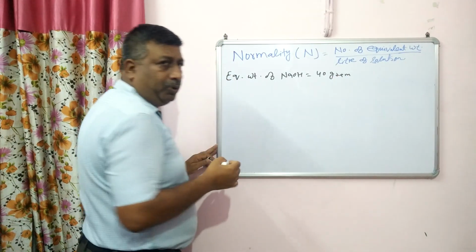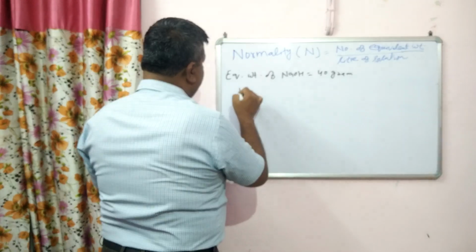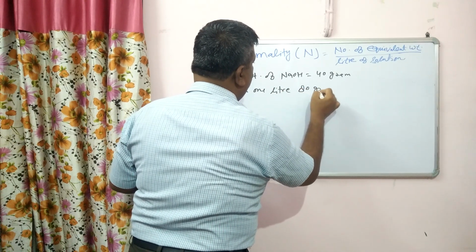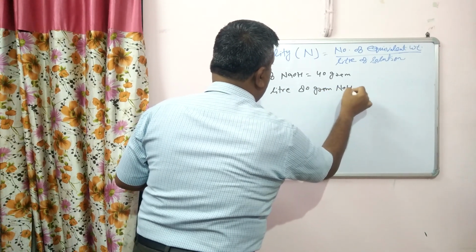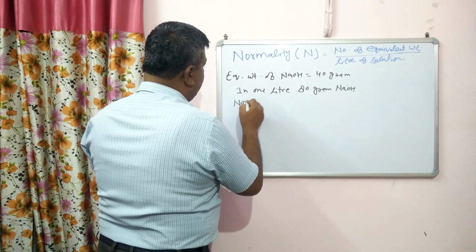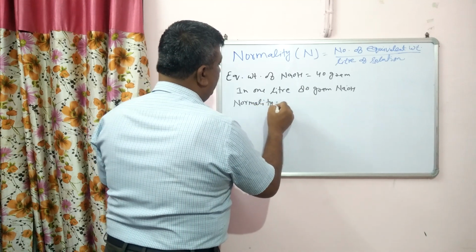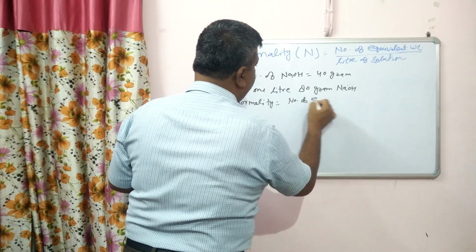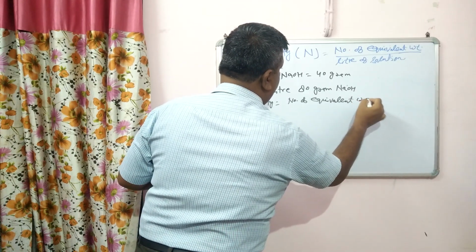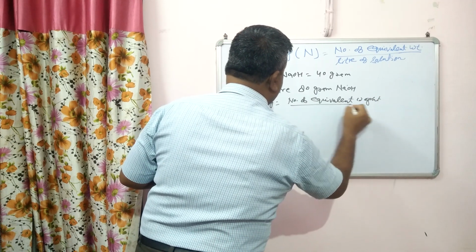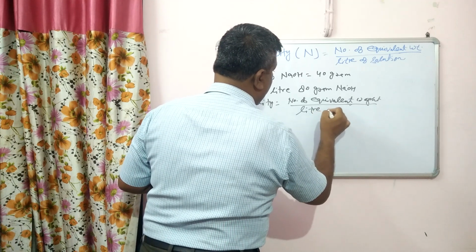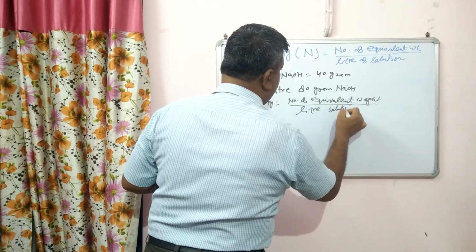Suppose in 1 liter, 80 gram NaOH is dissolved. So what is the normality? Normality is equal to the number of equivalent weight divided by liter of solution, per liter solution.